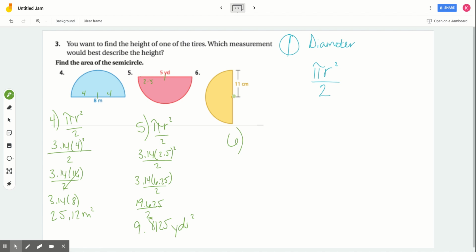Now on number 6, we can see that they already gave us the radius. So pi radius squared divided by 2, when the radius is 11. 11 squared, 11 times 11 is 121.